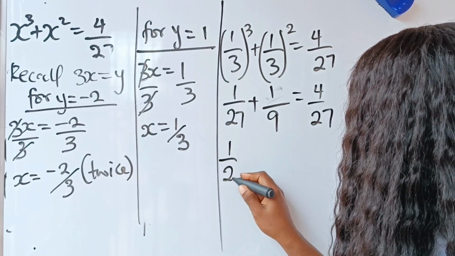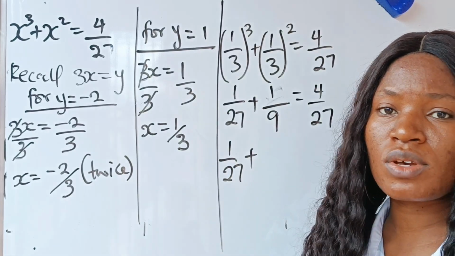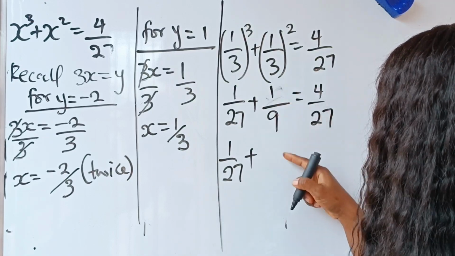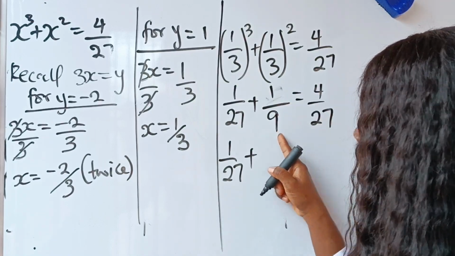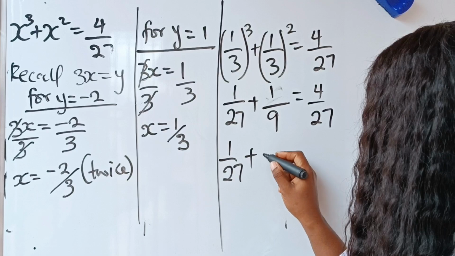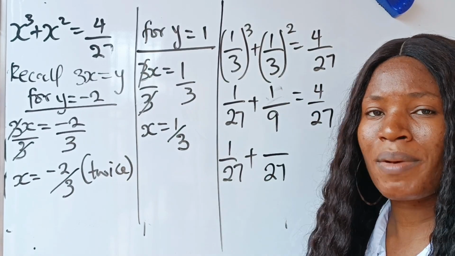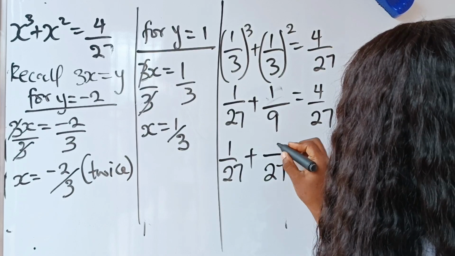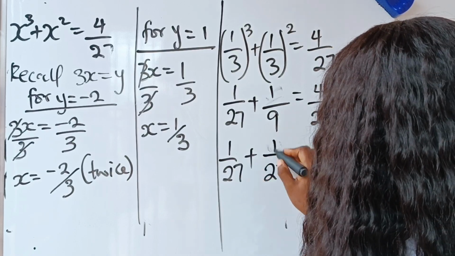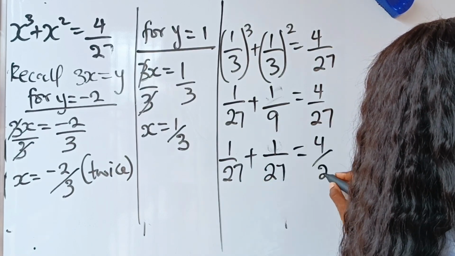Now we have 1 over 27 plus 1 over 9. We have to multiply the denominator by 3 to get 27, so 9 times 3 is 27. So we also multiply the numerator by 3.